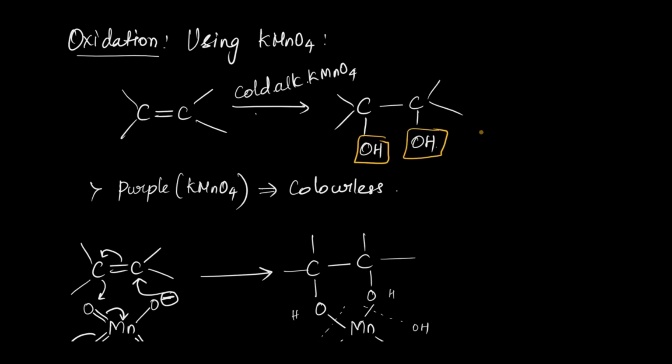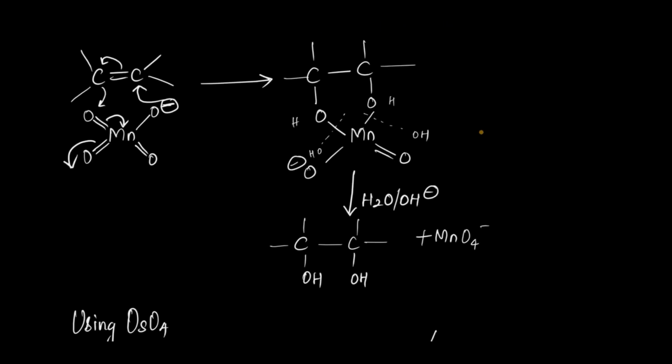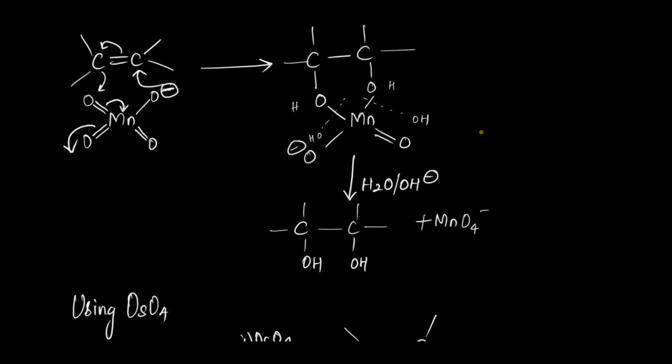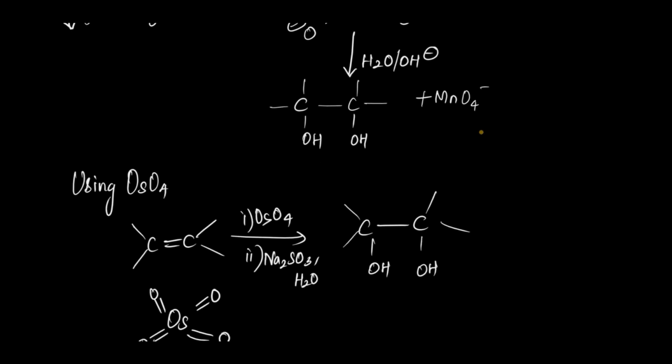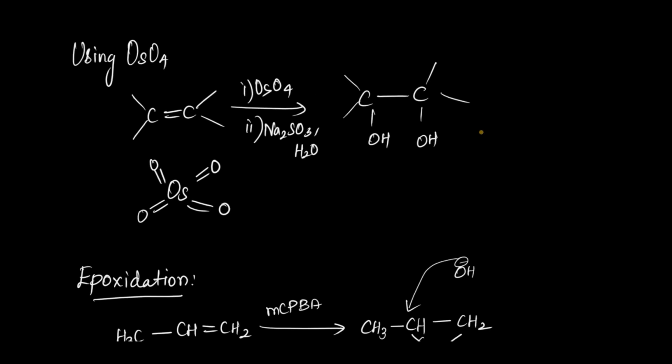This is syn, happens on the same side, not on the opposite side, because the KMnO4 attack will happen like this to form the product. The same kind of attack will happen with osmium tetroxide also, giving same-side attack, OH and OH to the same side.